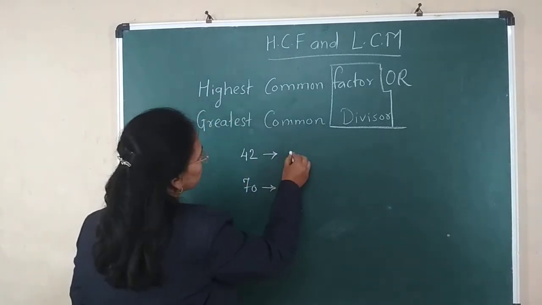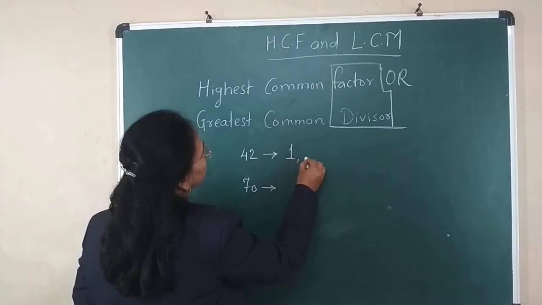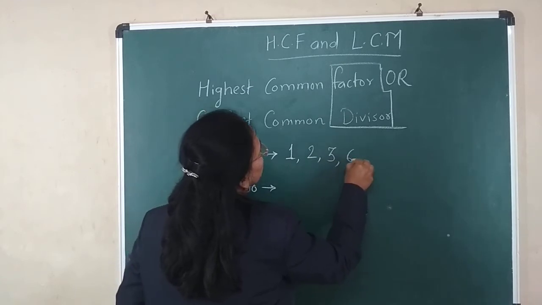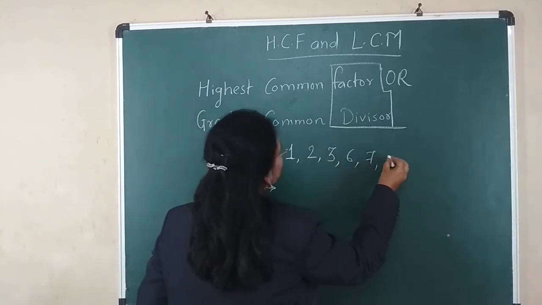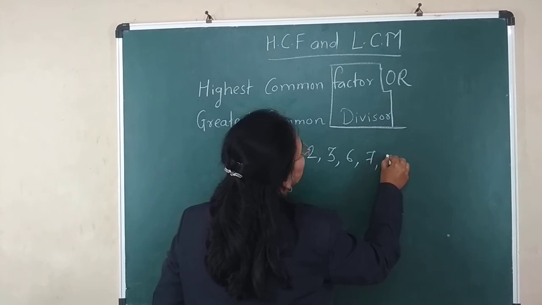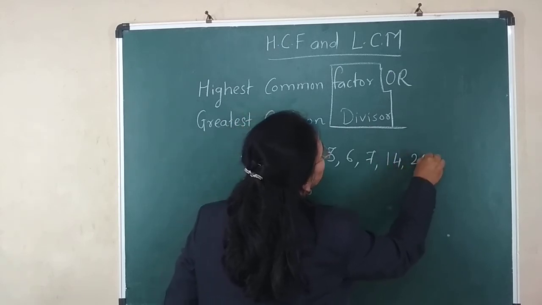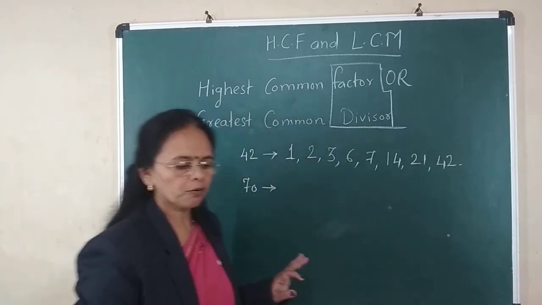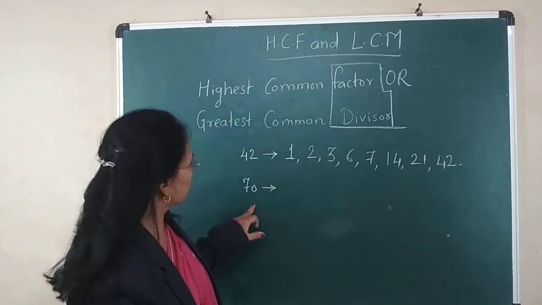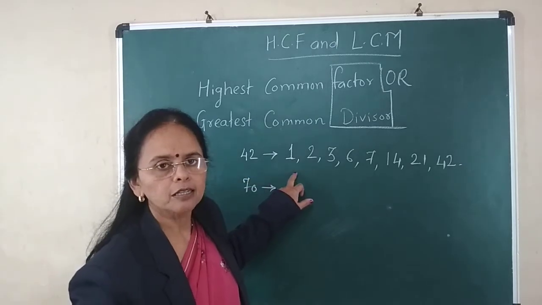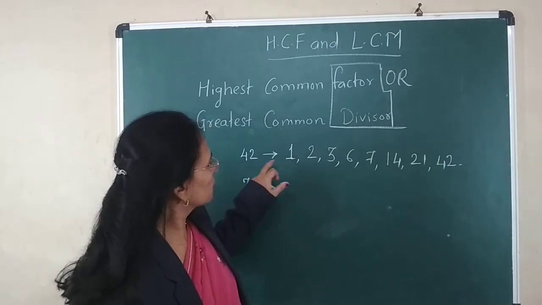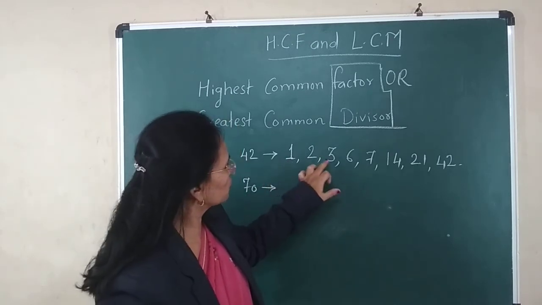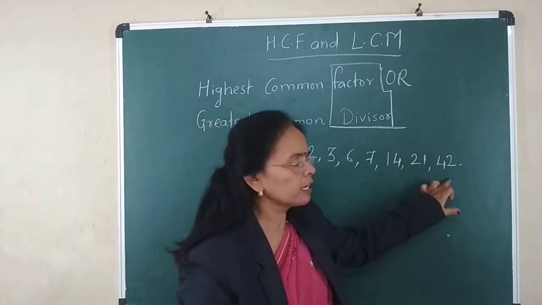I have told you previously, by 1, by 2, 3, 6, 7, then 14, 21 and 42. We have seen that 42 is fully divided by 1, 2, 3, 6, 7, 14, 21 and 42.